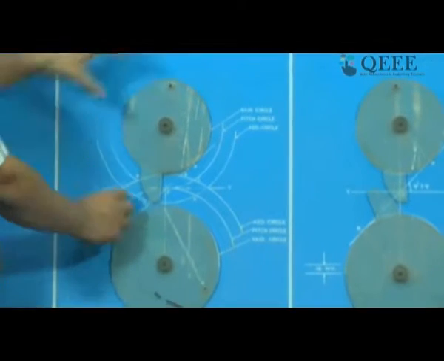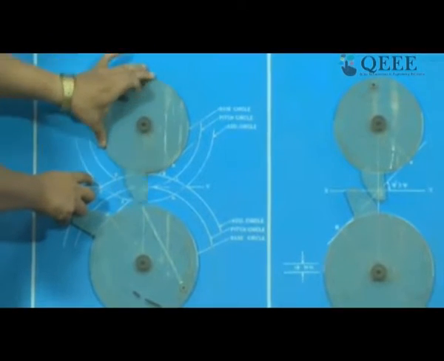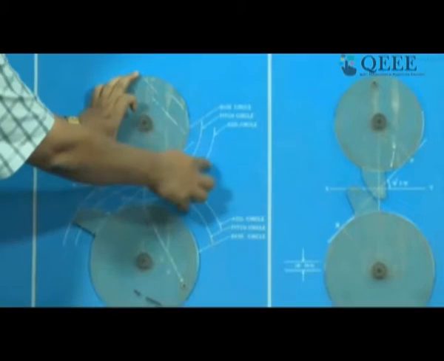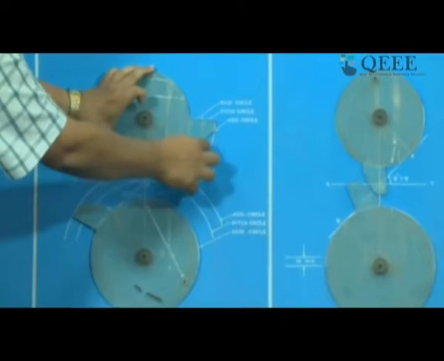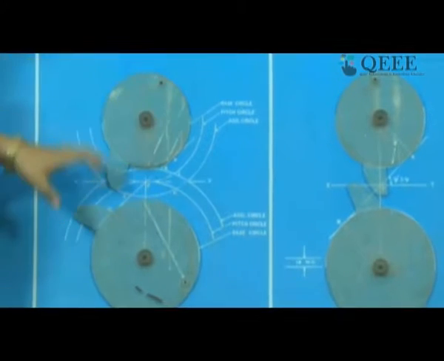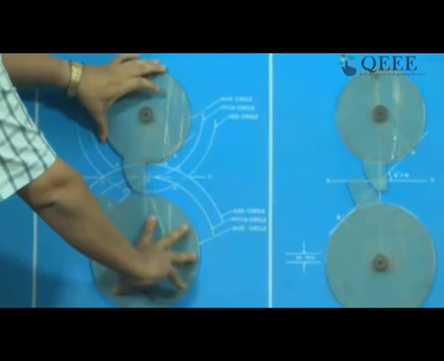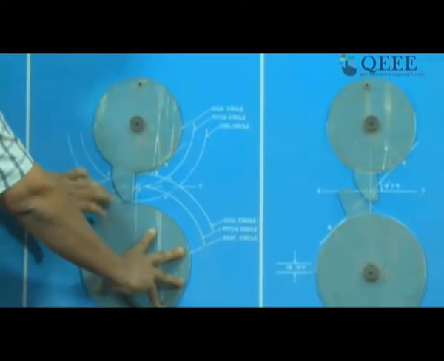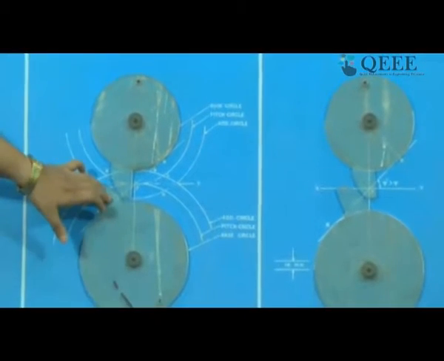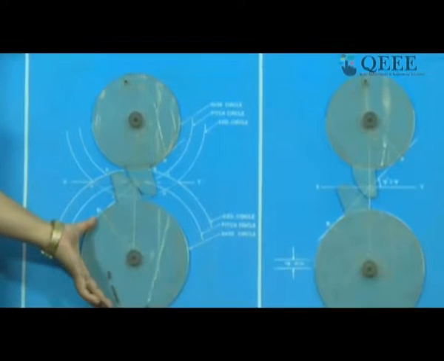Wherever the addendum circle of this top gear, this circle, is for the first time contacting the tooth profile here, there you have the first engagement. So this is the first point of engagement.